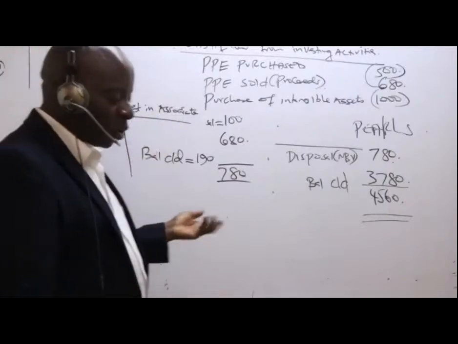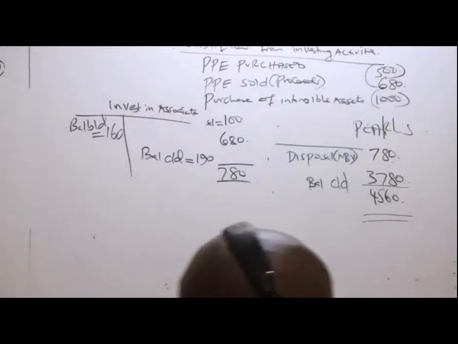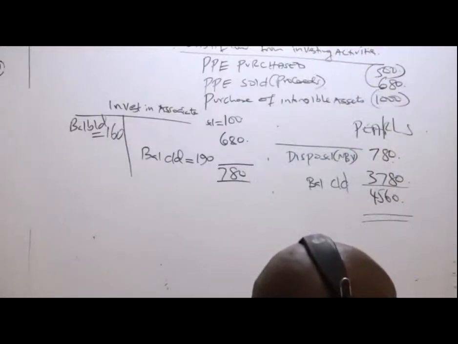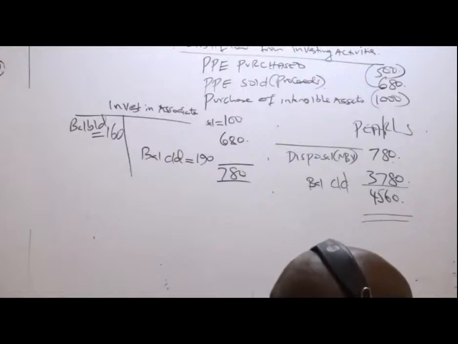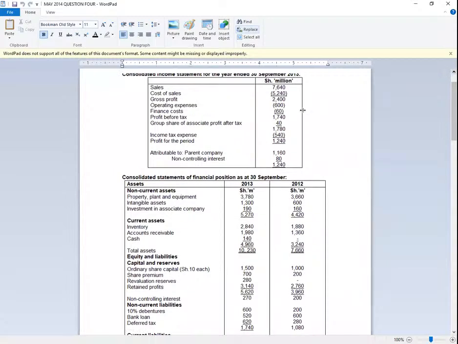From your income statement, are you able to see any income that came to you in the period from your associate? You can see group share of associate profit after tax.